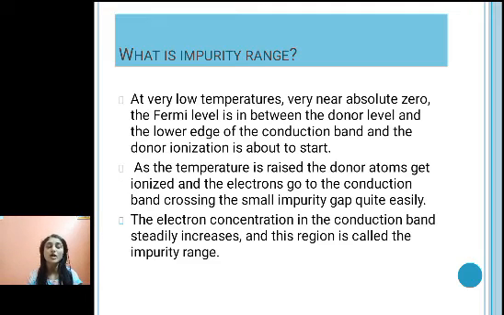So the electron concentration in the conduction band steadily increases, and this range is called the impurity range, because the conduction taking place is because of the impurities which we have added. Impurities donate the electrons, and those electrons are present in the donor level.